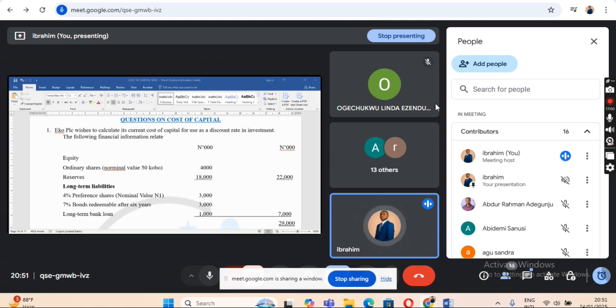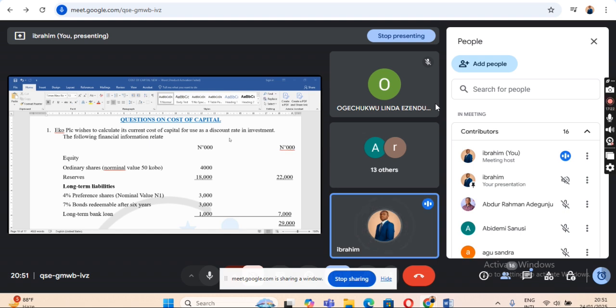The long-term bank loan is a source of finance. How many sources of finance do we have? 4 sources of finance. The ordinary shares, the equity holder, and the debt as well, that is the preference shares, bond redeemable, and the bank loan. That is how to identify the sources of finance.